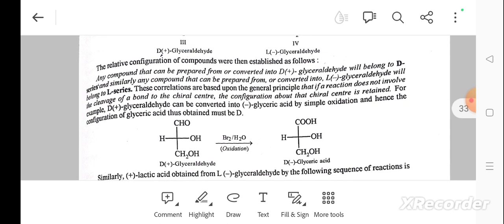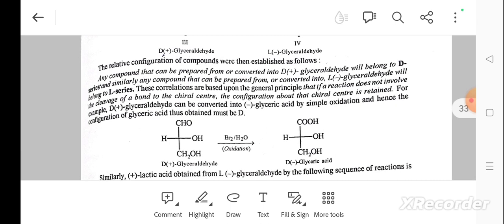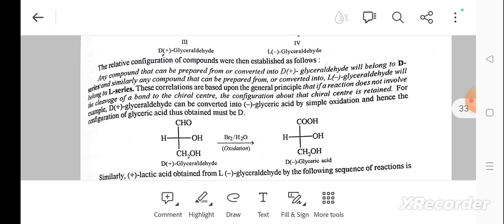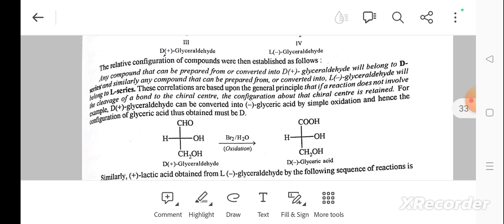These correlations are based upon the general principle that if a reaction does not involve the cleavage of the bond to the chiral center, the configuration about the chiral center is retained.